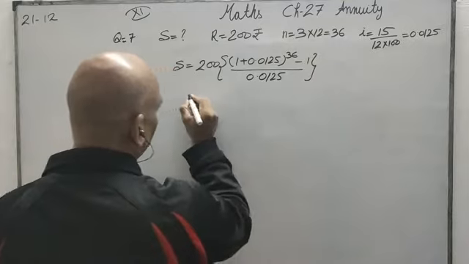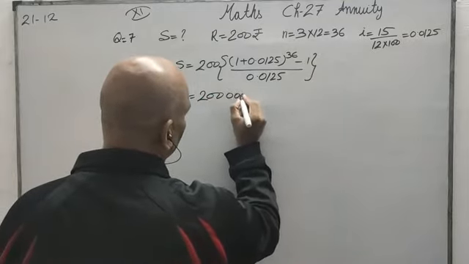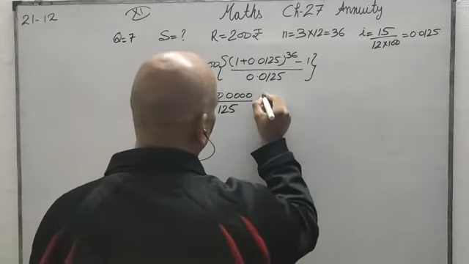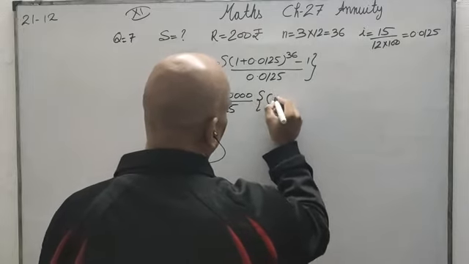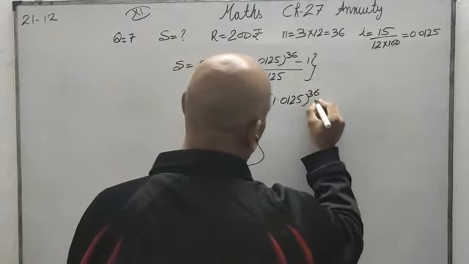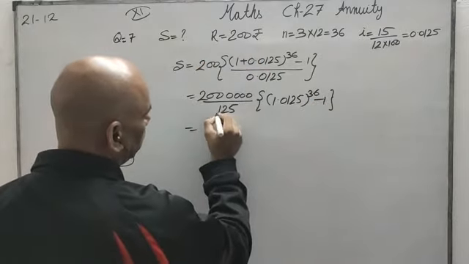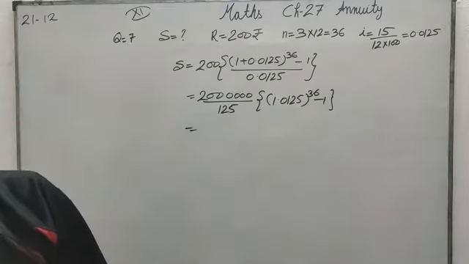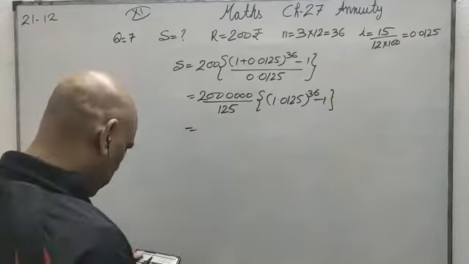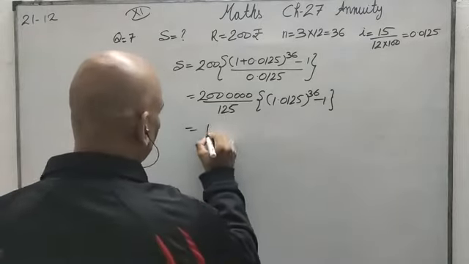So we will remove the decimal. 2001234 divided by 125, and this side it will be 1.0125 to the power 36 minus 1. So we will have to cancel this also. When we divide 1 followed by 6 zeros by 125, we get 16,000.